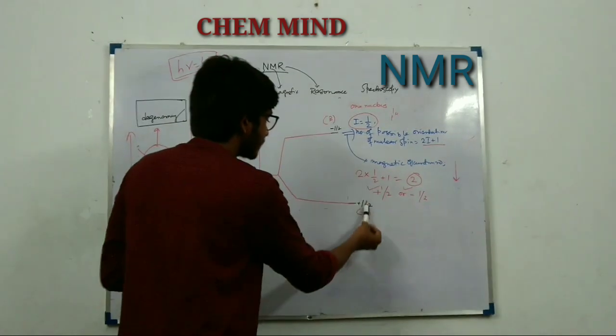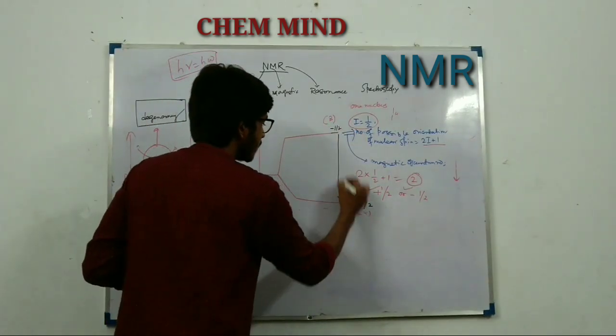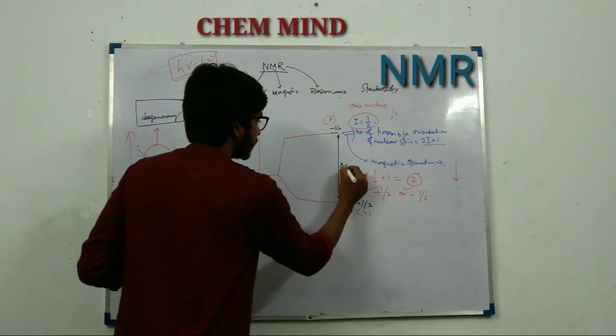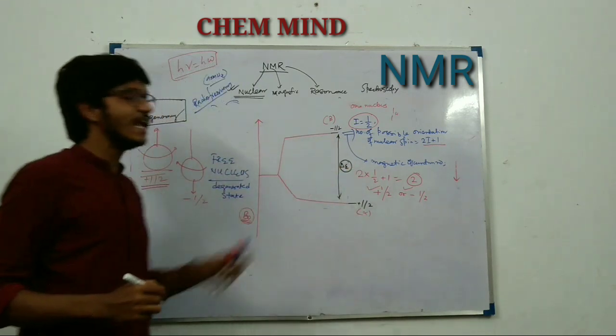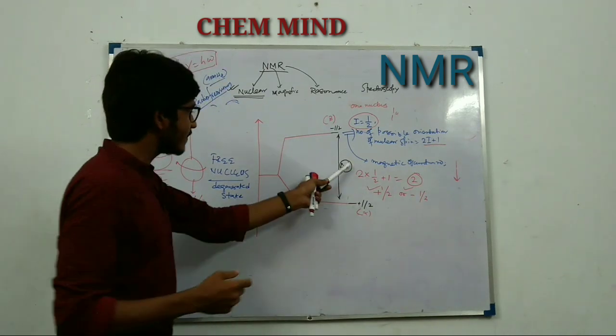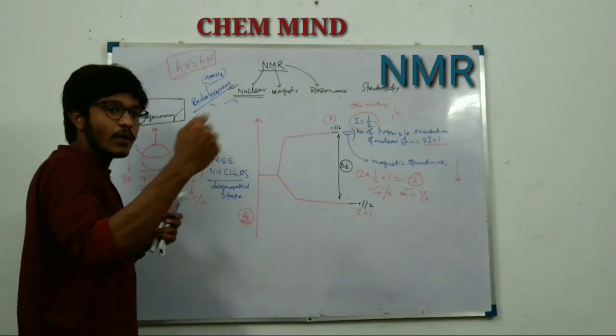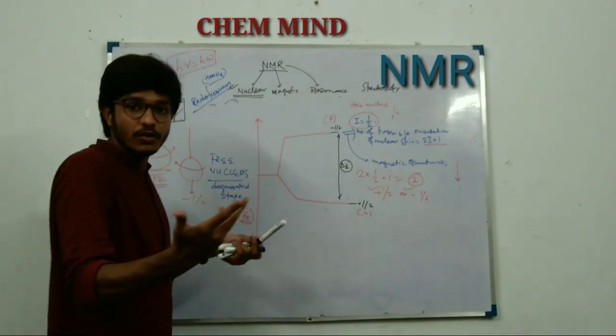Between plus half and minus half there is an energy gap, the del E. This del E is very important, and it is directly proportional to B naught.